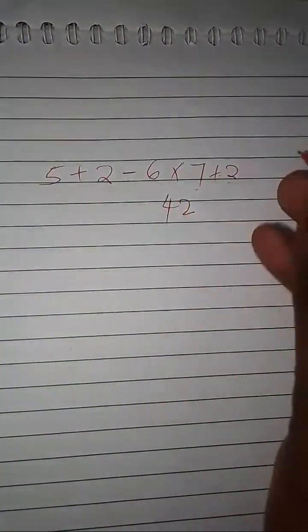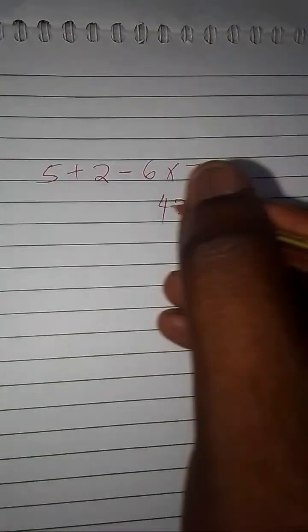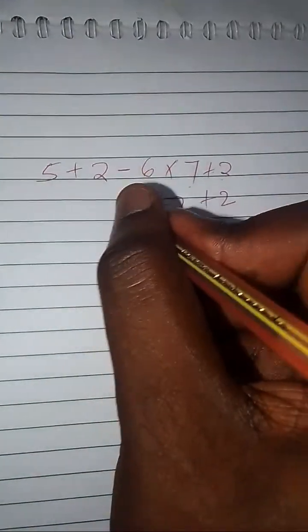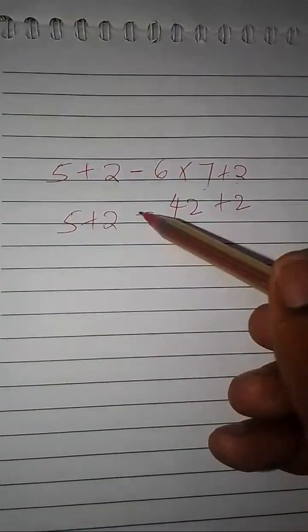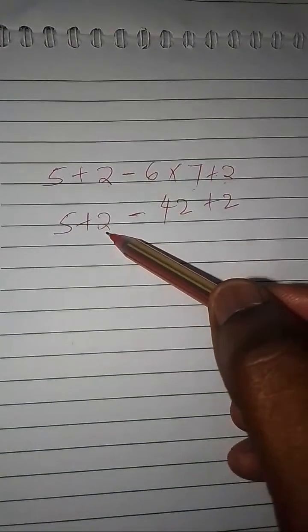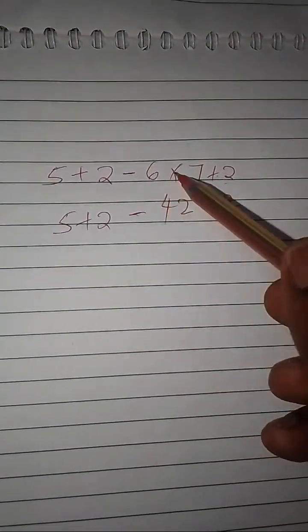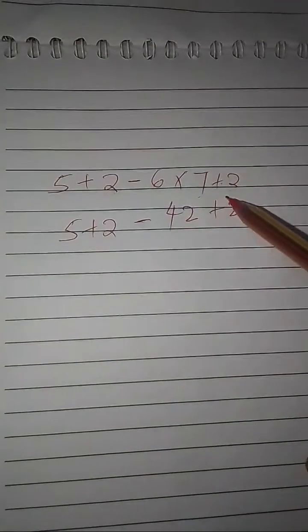Then this 42, we are going to add 2 here. So this 5 is here, plus 2, subtract 6 multiplied by 7 which is 42, add to 2, because we are following the BODMAS rule.